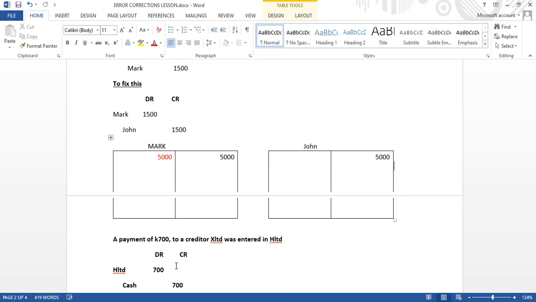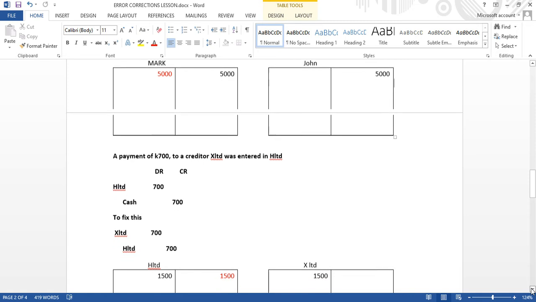We would have to credit H Limited. Yes, so that we cancel the money. Then debit X Limited. Correct. And that's what you do here.